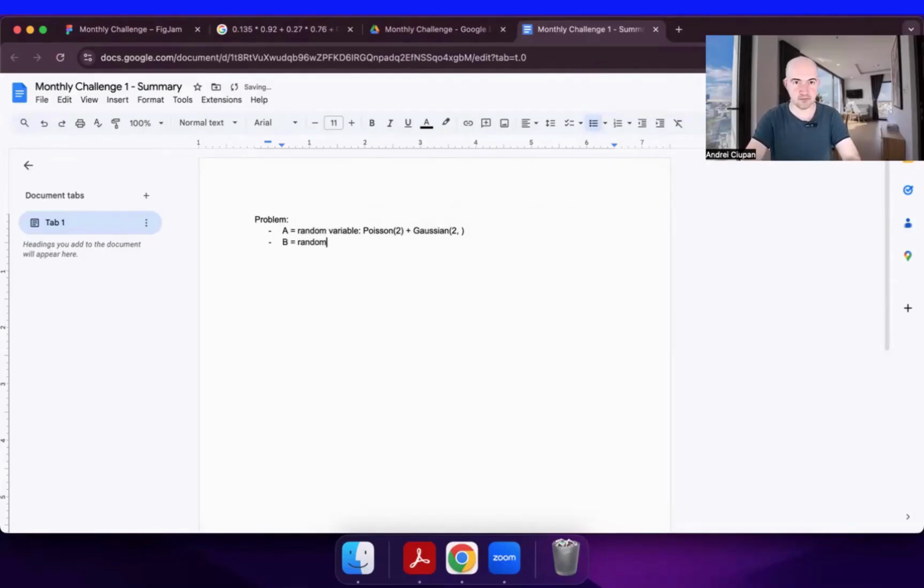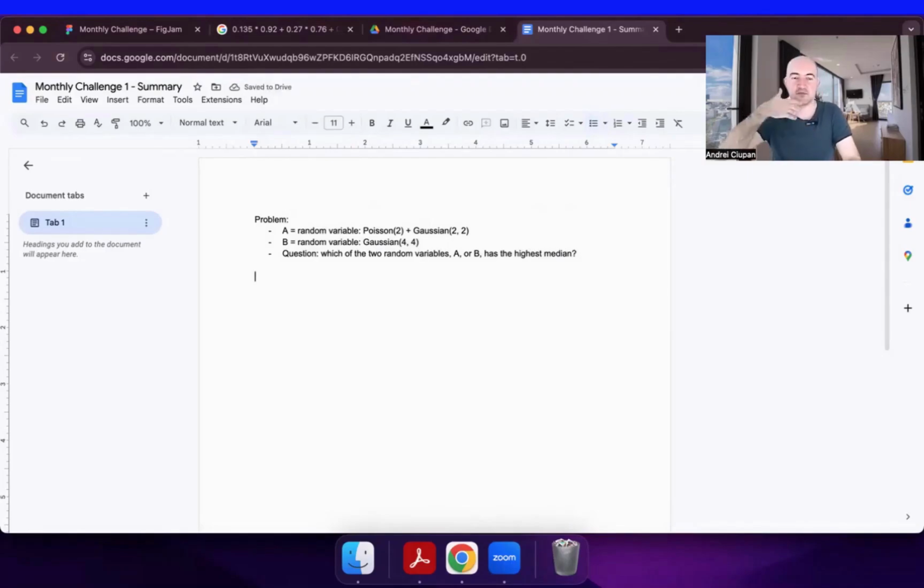B was a random variable, which is a Gaussian 4, 4. And the question was which of the two random variables, A or B, has the highest median.